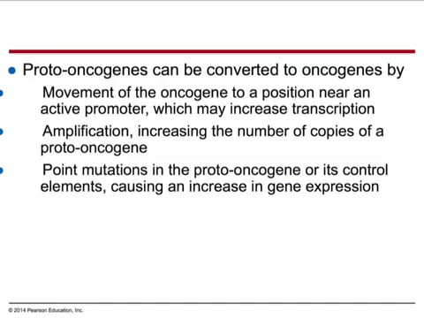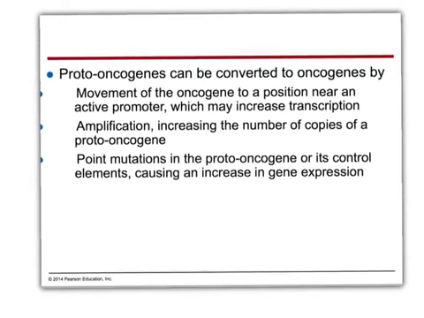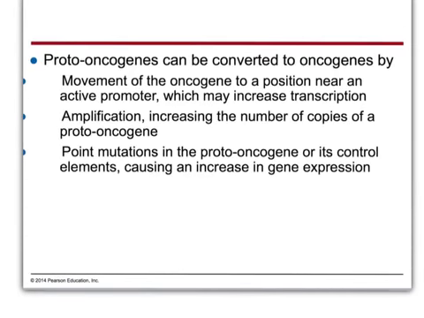All right? So we have movement to a position near an active promoter, may increase transcription, amplification, increase the number of copies. All right? Both of those lead to an excess, right? Too much of the growth factor, whatever it might be. And then point mutations, all right, can change its control, or cause an increase in gene expression.